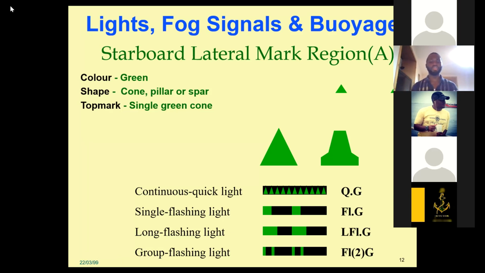The color for the starboard lateral mark in region A and region B is opposite. So look at what you're seeing on the screen and then make it an opposite color. But the only thing that remains the same everywhere is the top mark, and that top mark is a cone.